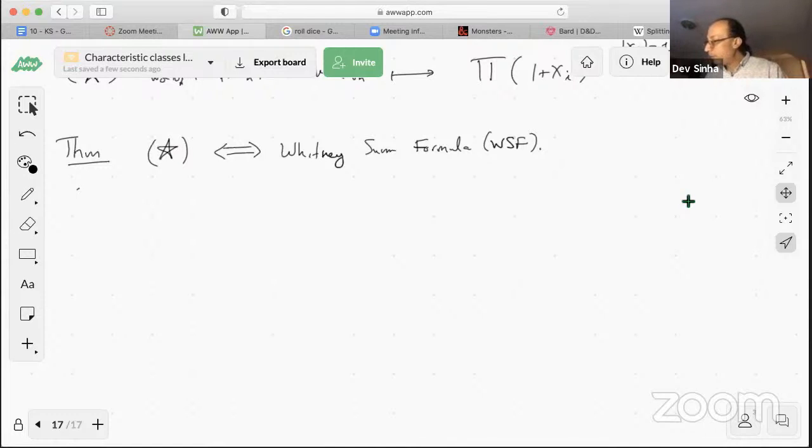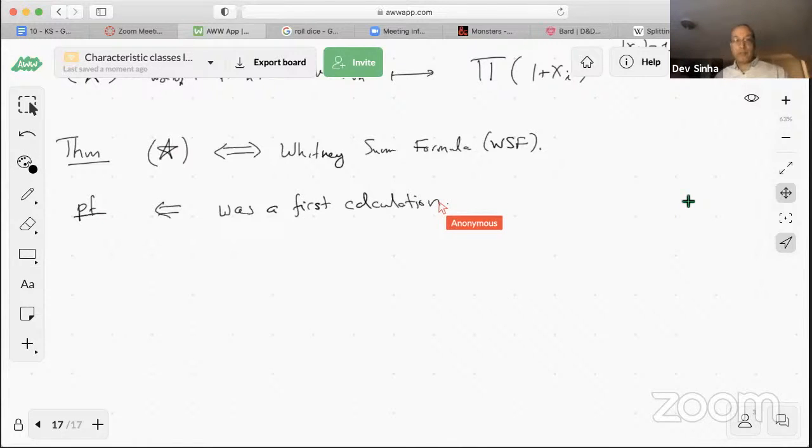So let's go ahead and prove this. We did half of this already, which means that if we were trying to prove the Whitney sum formula from star, that would be circular. But again, we're going to prove formula star independently.